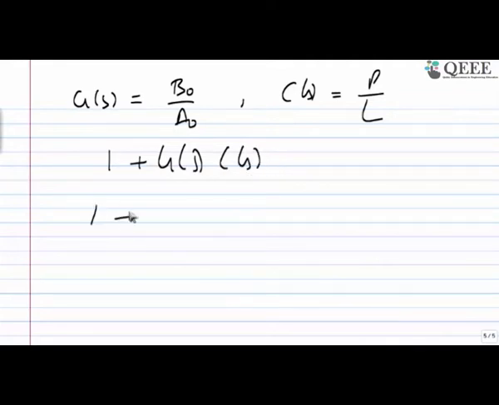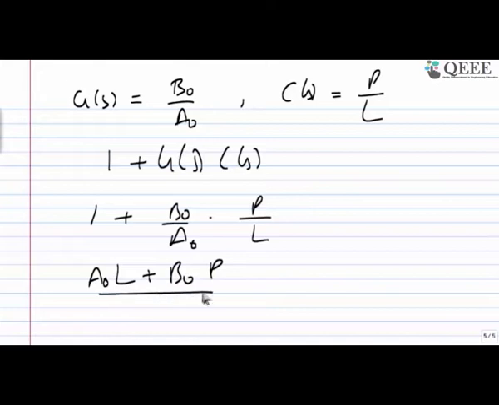So let's write this: 1 plus B naught P over A naught L. This gives me A naught L plus B naught P divided by A naught L. Now see that this is in the denominator. So the numerator of this will go into the denominator of the sensitivity function, and the denominator of this will become the numerator of those sensitivity functions.